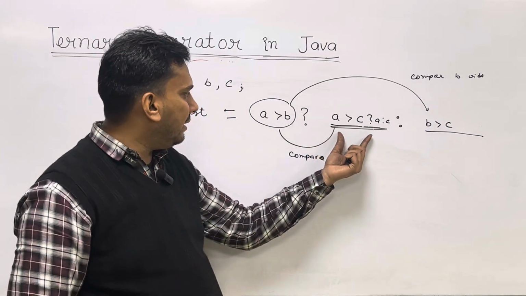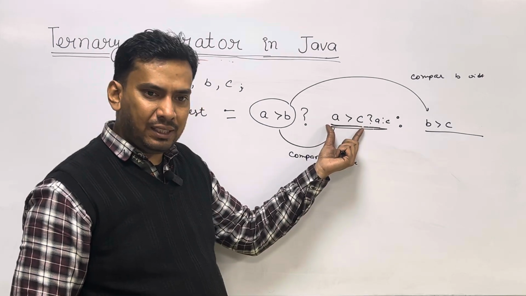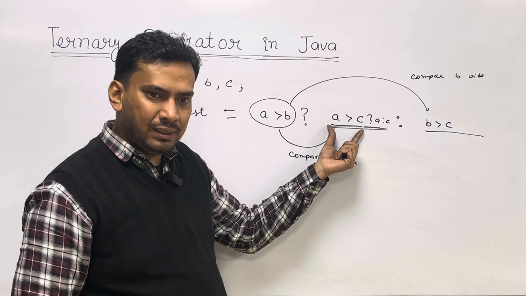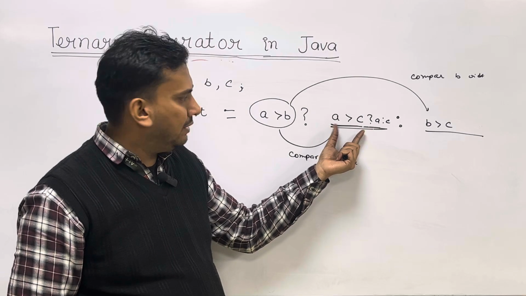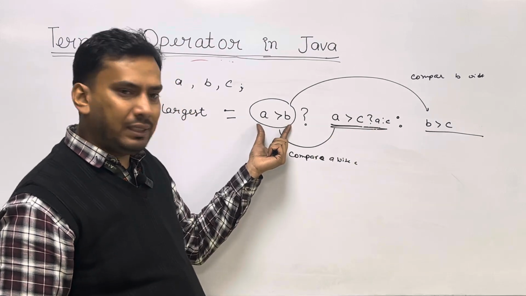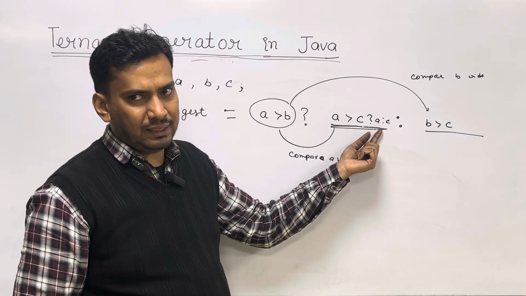I landed here, here I have to compare a with c. So I compared a with c. Now suppose a is greater than c, which one is the largest? A, because a has already been greater than b, and now a is greater than c. So I will say a is largest.